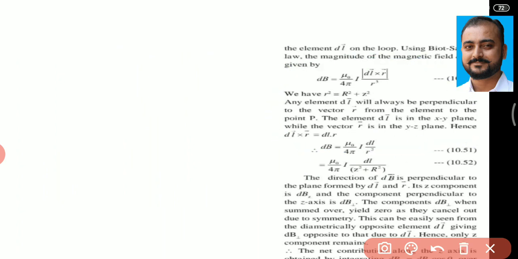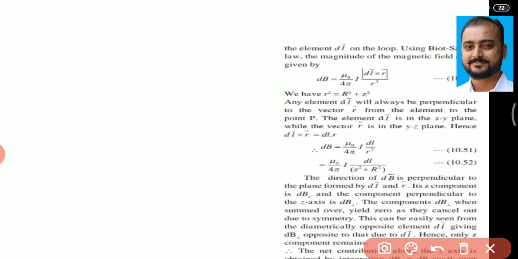You just write the formula directly and mention the simple sentence: dl and r make an angle theta, which is 90 degrees in the given case.